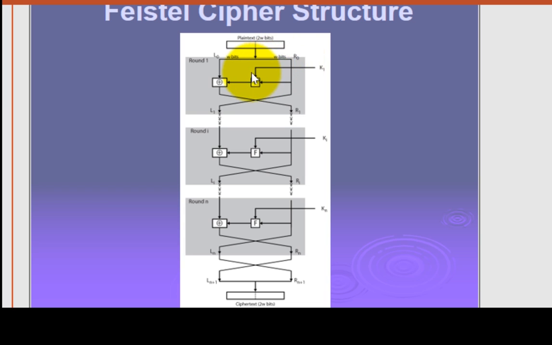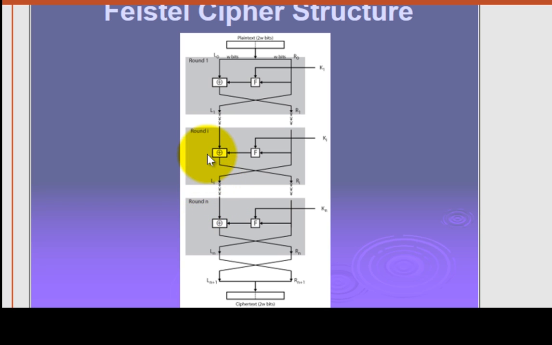It takes two inputs, the subkey and the right half data, and generates a function. That function result is given as an input to the left half data, and an exclusive OR is done. The output generated is then swapped to the right half, and it becomes R1. The right half is directly swapped to the left, and this is L1. The same process is repeated for 16 rounds.